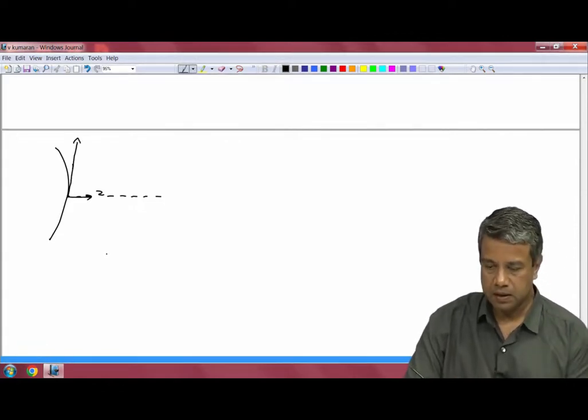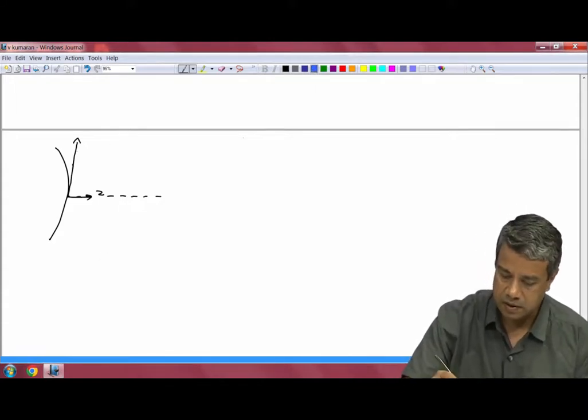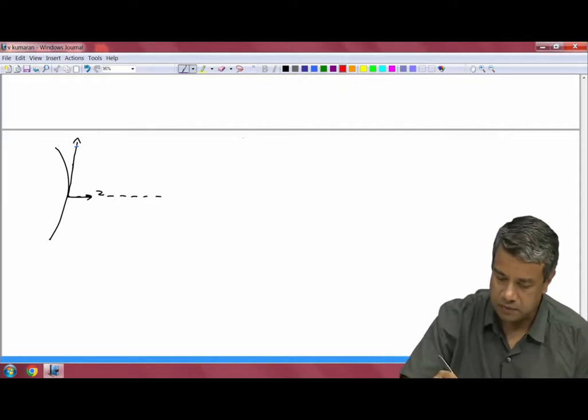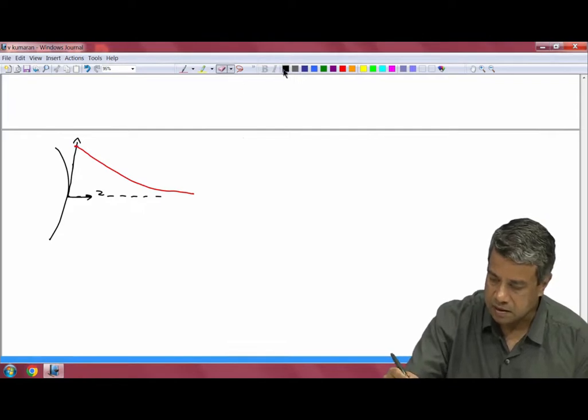If I plot the temperature, for example, as a function of z, it will decay from 1 at the surface over some distance.